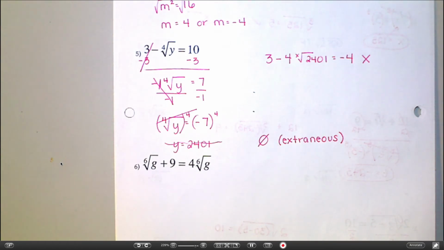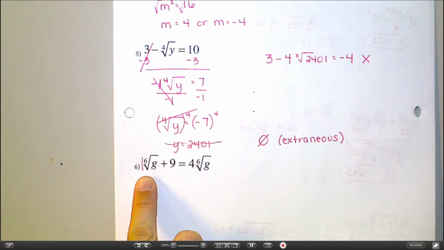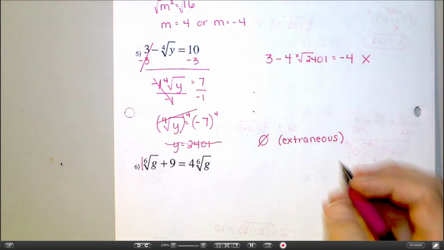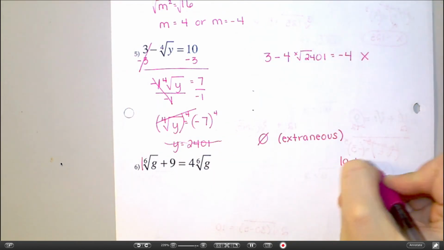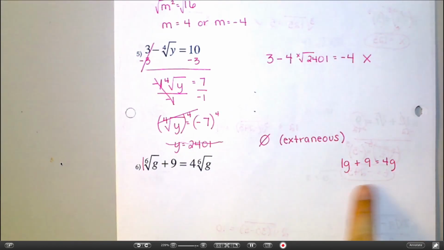And let's look at number 6. Number 6 is weird because it has 2 radicals in it. Okay? But here's how I want you to look at this. Over here you have 1/6 root of g. Over here you have 4/6 roots of g. If you had an equation that said just 1g plus 9 equals 4g, what would you do with the g's?